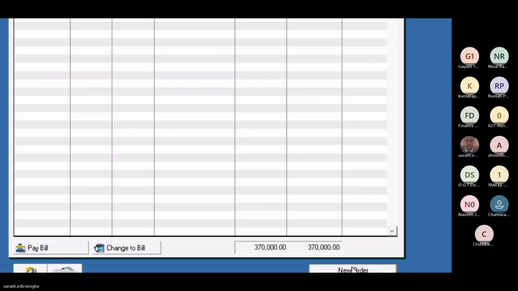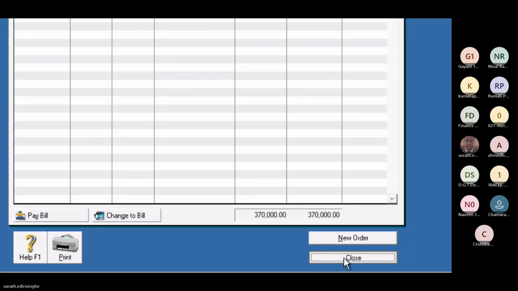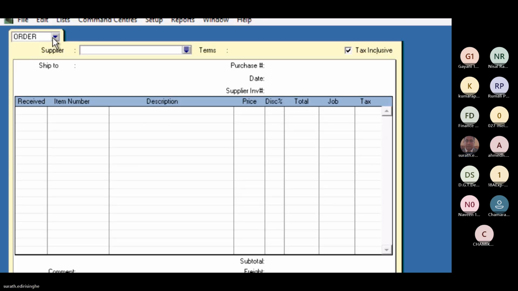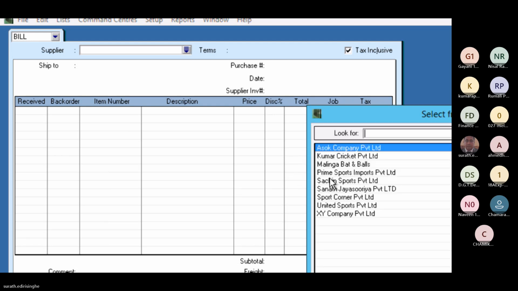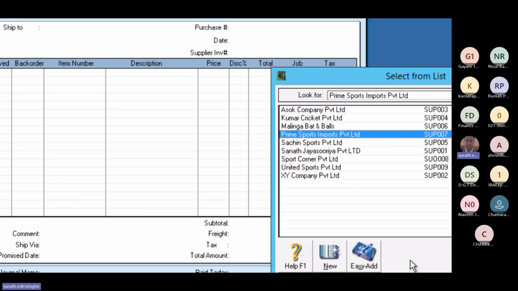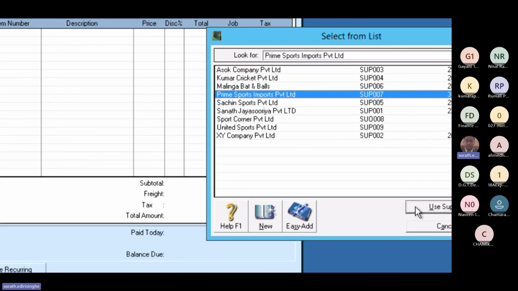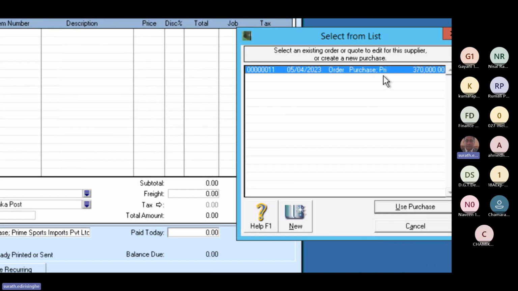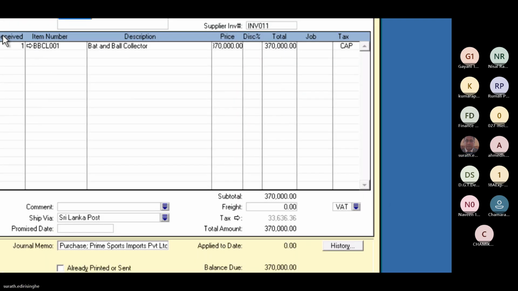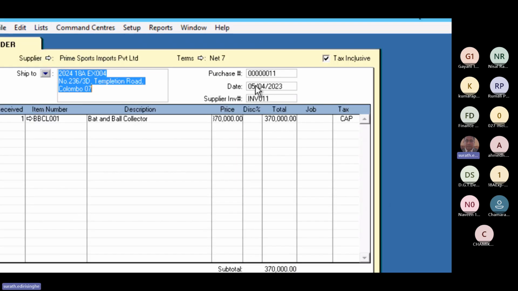Then invoice. Bill item. Prime Sport. Now display the pending. Look at the pending PO. Here, pending PO. Select this PO. Right. Change the date. What's the GRN date?